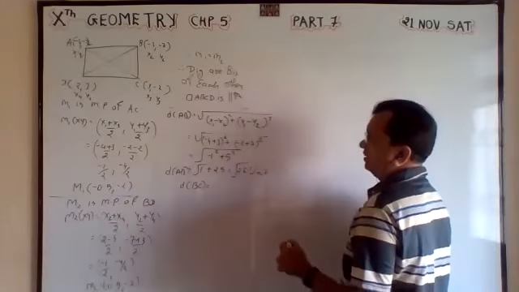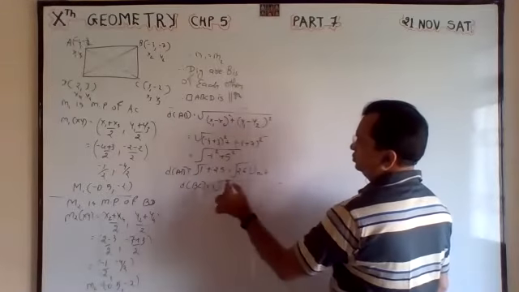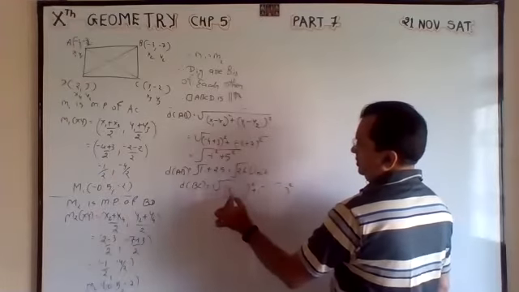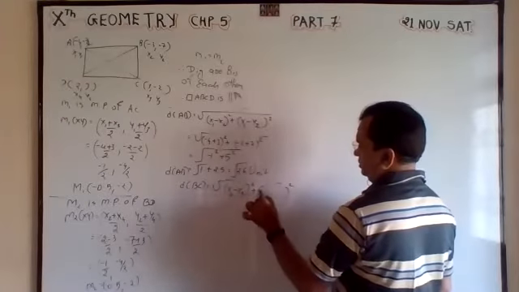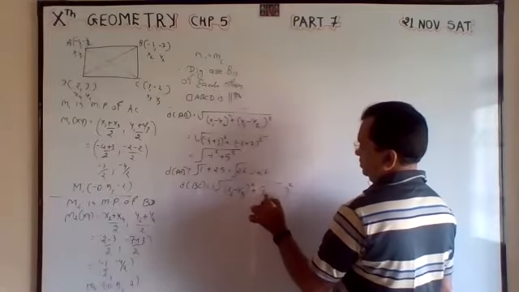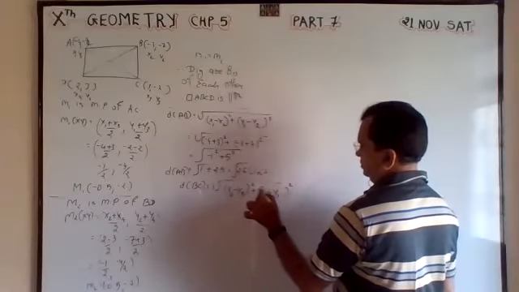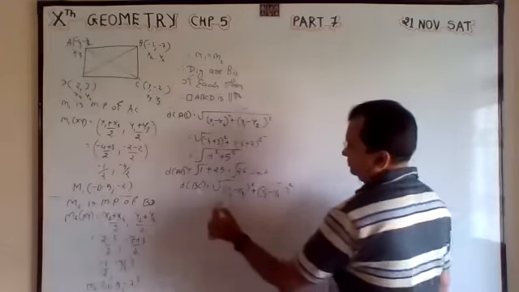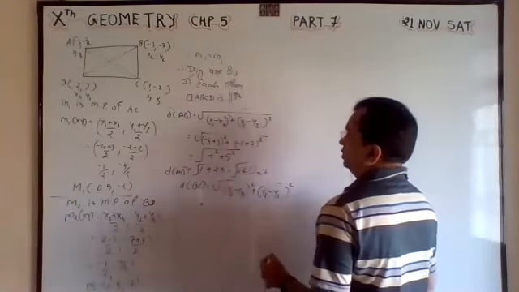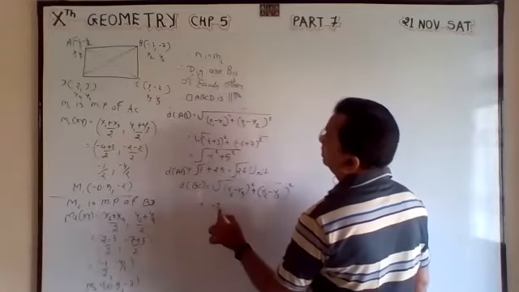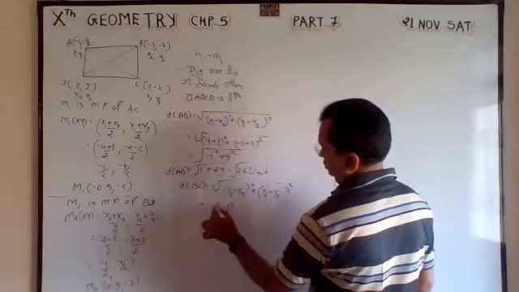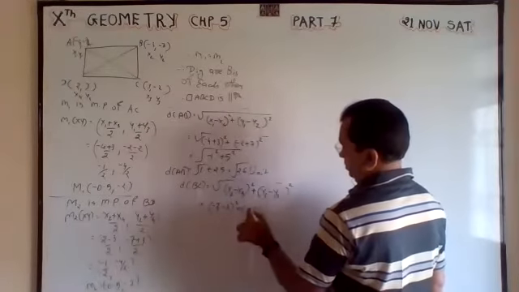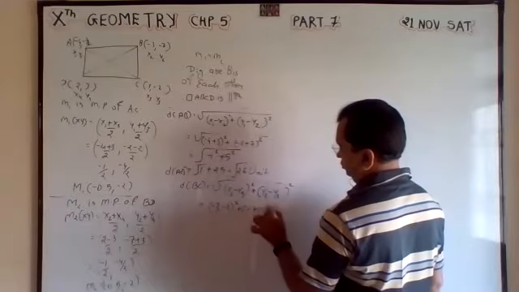Now nearby, distance BC. Adjacent side means nearby, that is 2 3, x2 x3, y2 y3. So minus 3 minus 2 square, minus 7 minus minus plus 2 square.